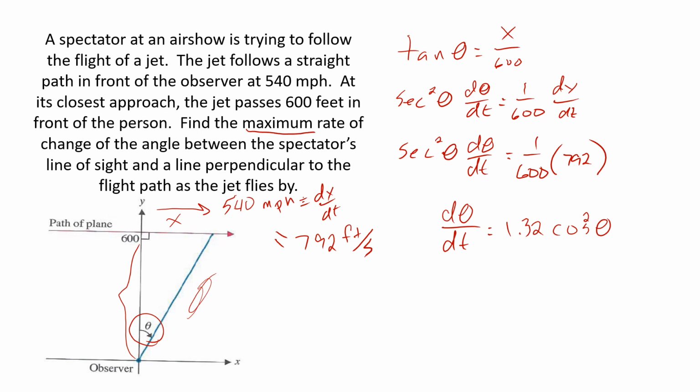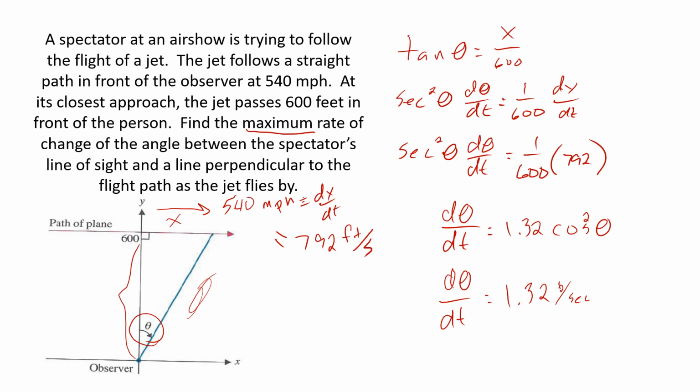Cosine squared, the biggest this is going to be is 1, which means that the maximum d theta over dt is going to be 1.32 times 1, so just 1.32, not feet per second, degrees per second. That's going to be how fast that angle changes, how fast you have to turn your head.